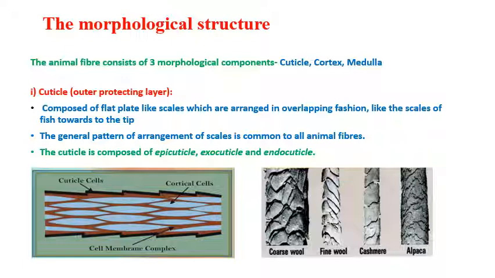The general pattern of arrangement of scales is common to all animal fibers. That is, in the different kinds of fibers, the arrangement of these scales will be almost similar. The cuticle is composed of again three different layers, that is the epicuticle, exocuticle and endocuticle. This is a little more detail about the microstructure of wool, which I will show you with some diagram a little later.